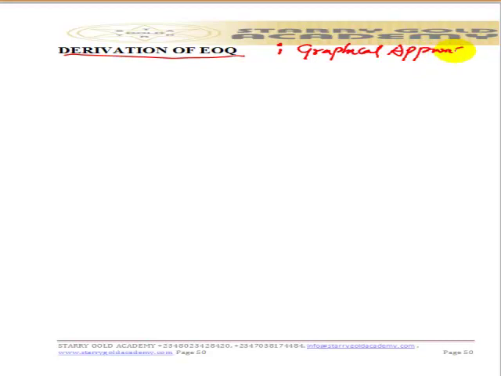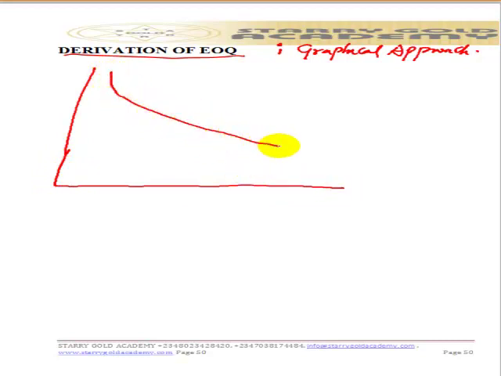We can derive the EOQ of a company by graphical approach, and this would involve plotting the graph. Now we have the ordering cost going this way, and we have the carrying cost going this way.